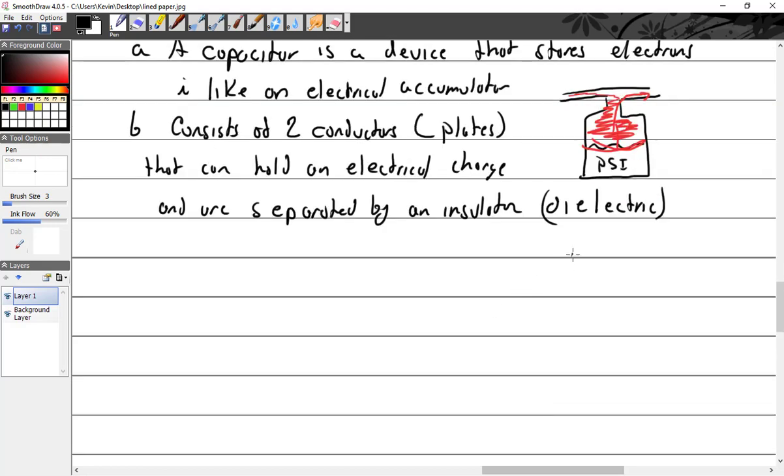So I have a plate and some sort of dielectric, an insulator material, and another plate, and it just so happens that that is the schematic for it, without the little red squiggly in the middle.